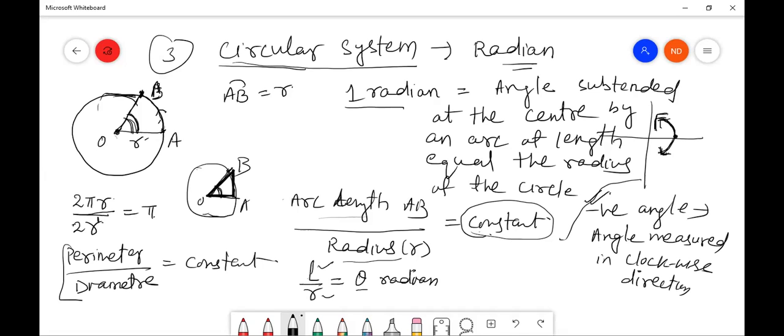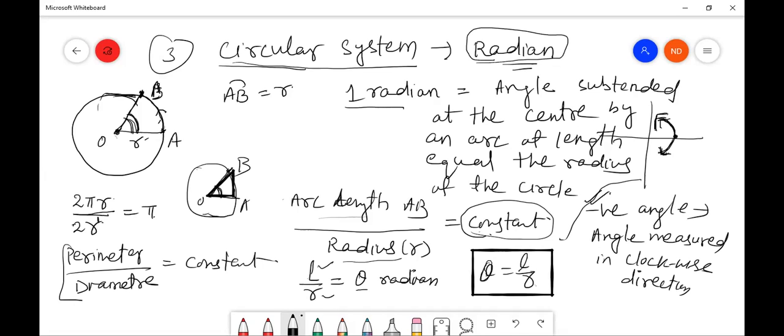That gives us theta equal to L by R. Please note that theta here is measured in radians only, because we get arc length and radius when it is a circle. We do not get L and R in a triangle. That's why in the circular system we take radian as the unit of measurement.